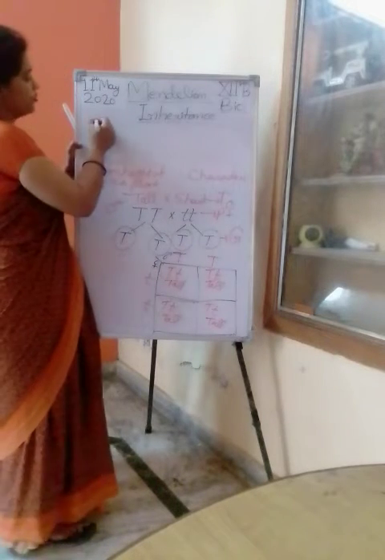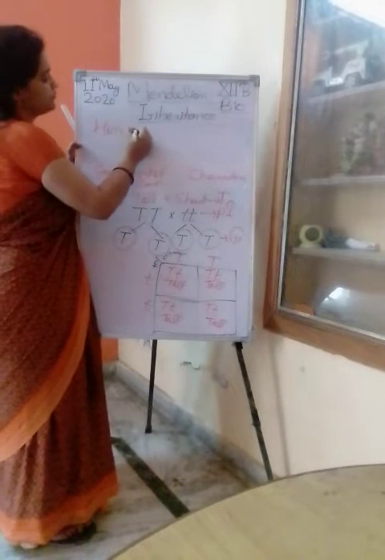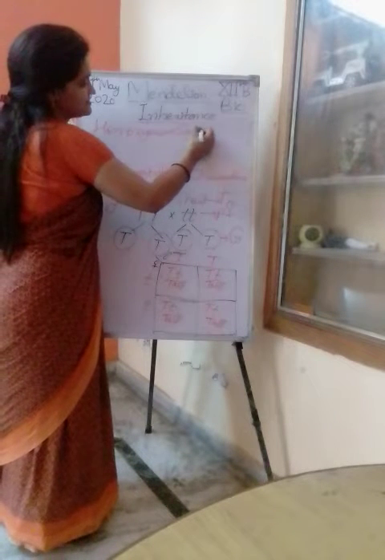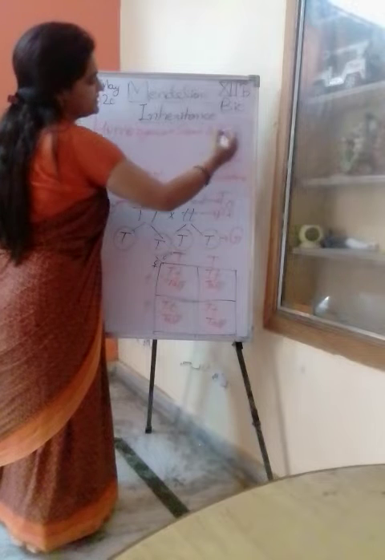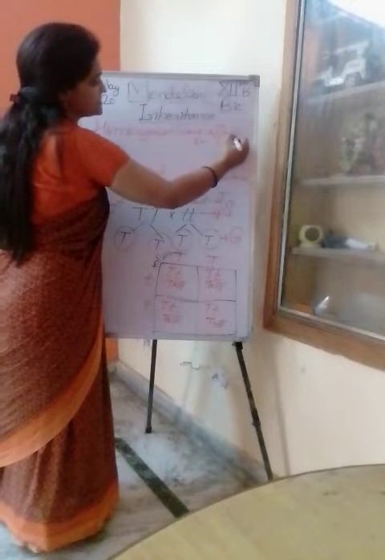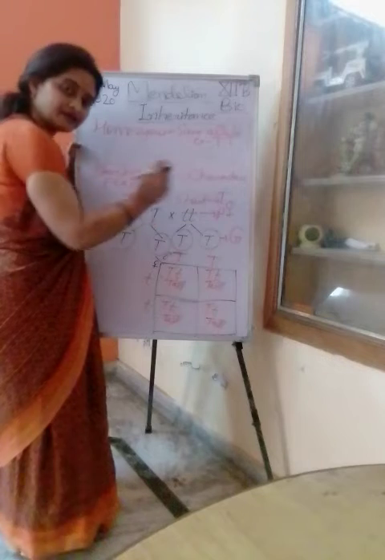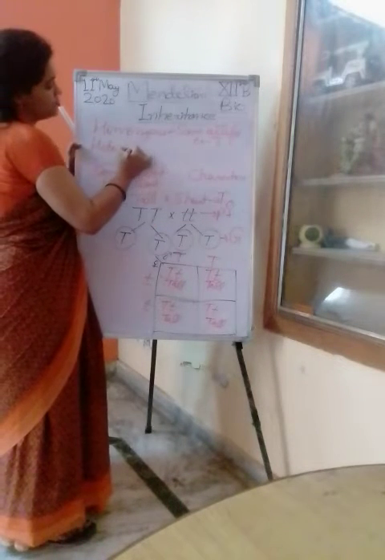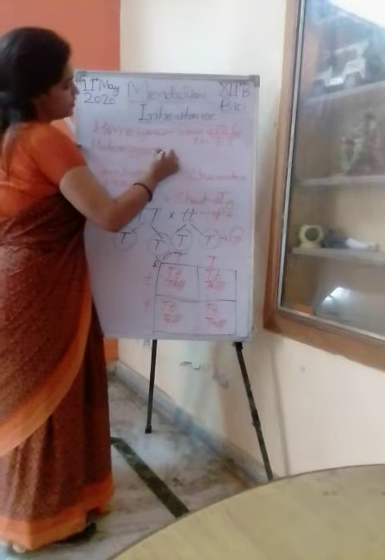What is the definition of homozygous? It means same alleles. Example: capital TT and small tt. That is homozygous. And heterozygous, that is the meaning of these terms.